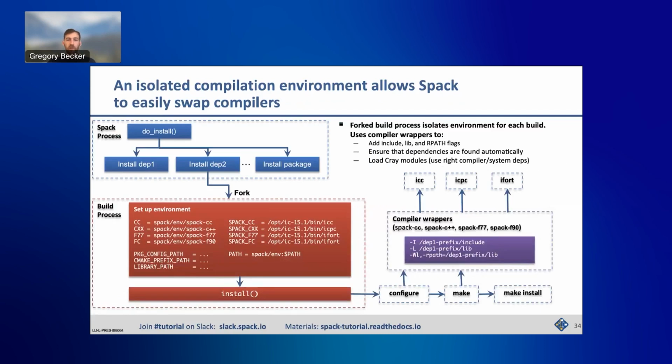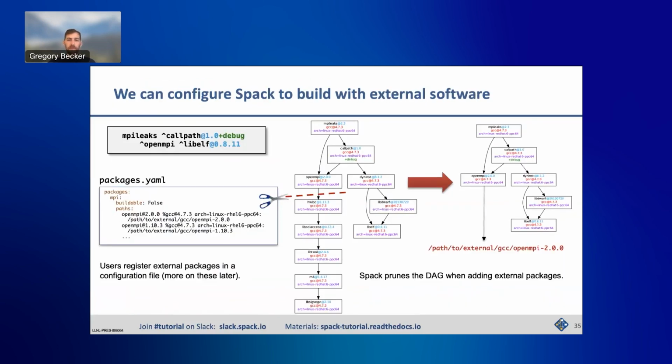We run the compilers in an isolated environment. I'm not going to spend too much time on this, but it is a relevant part of our process. We fork a process for every installation and sanitize the environment in that process. You can configure Spack to build with external software.